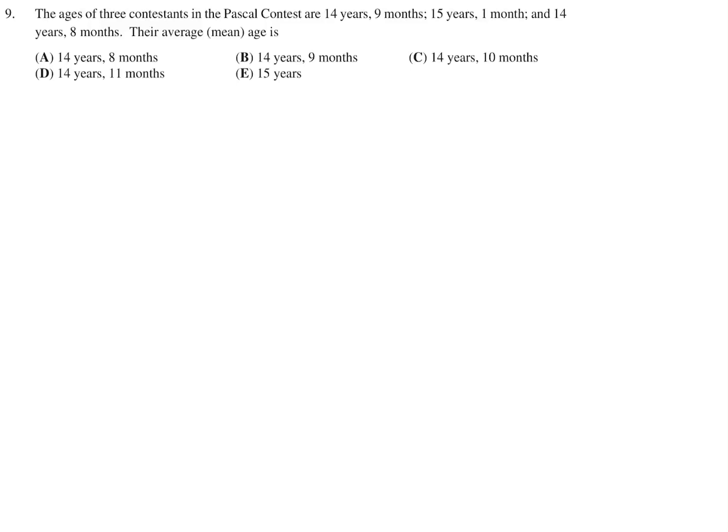The ages of 3 contestants in the Pascal contest are 14 years and 9 months, 15 years and 1 month, and 14 years and 8 months. The average is, so 14 and 9, but we can write this as a fraction instead of writing it out with years and months. It's 14 and 9/12.